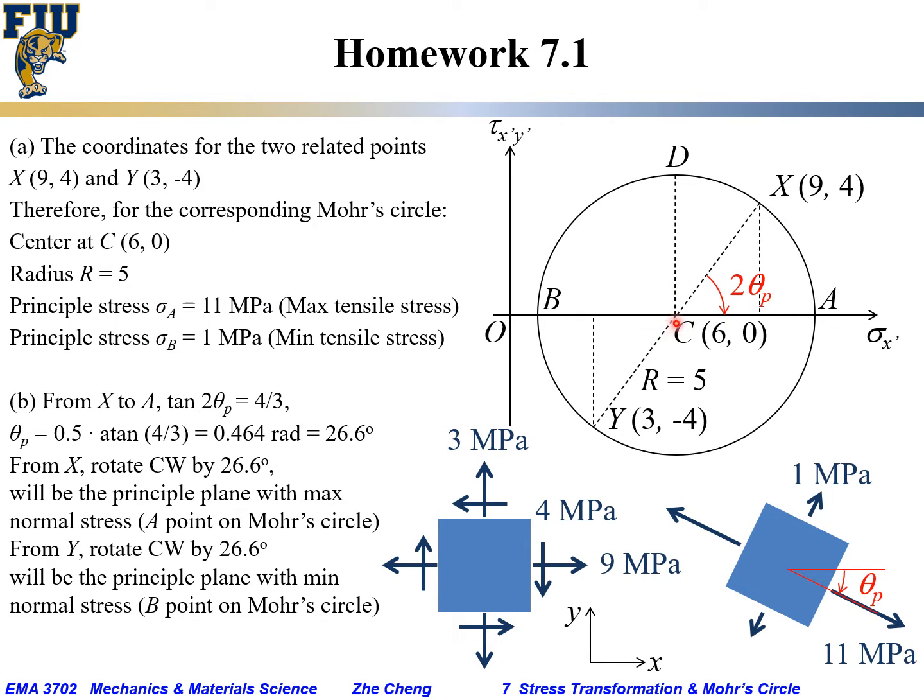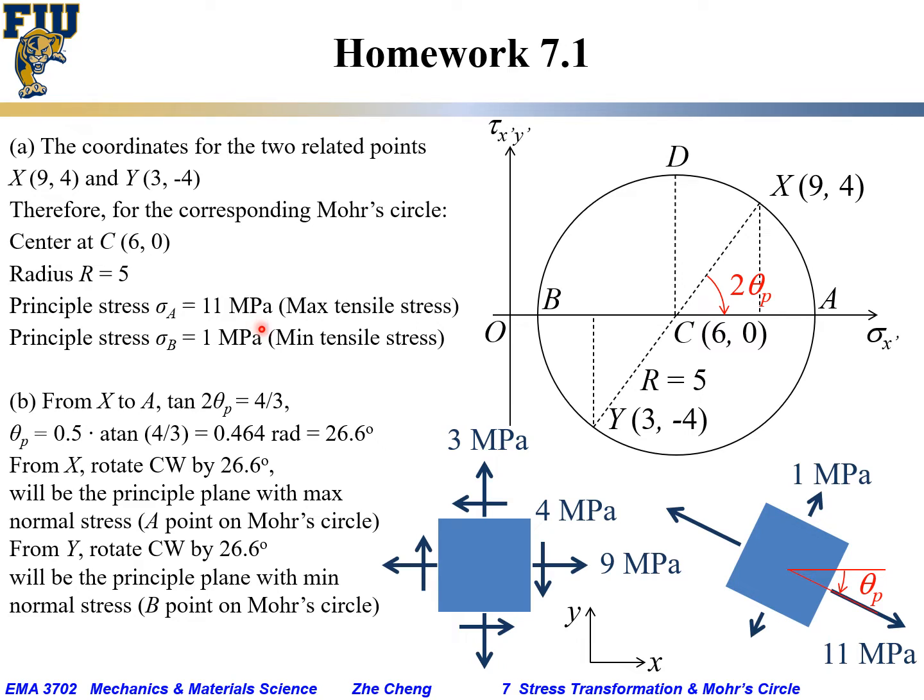Once we know the center and the radius, we can find the coordinate of point A. It is center plus radius. The center is 6, the radius is 5, so the A coordinate is 11. So the maximum tensile stress in this plane is at point A, and it is 11 megapascal.